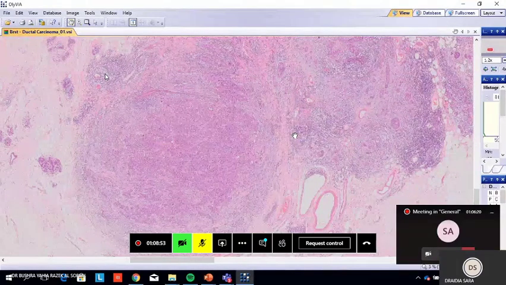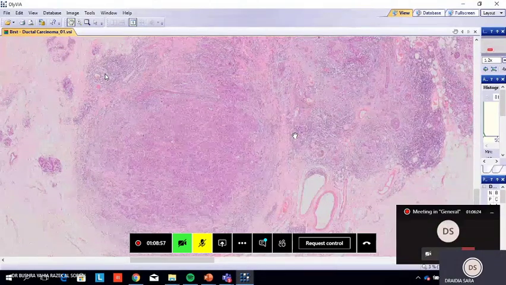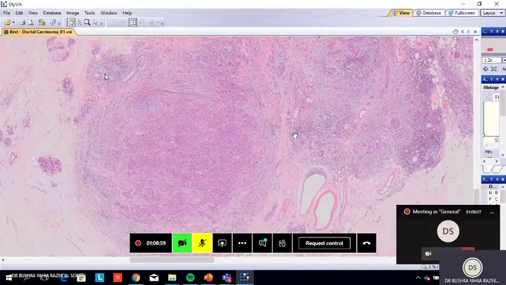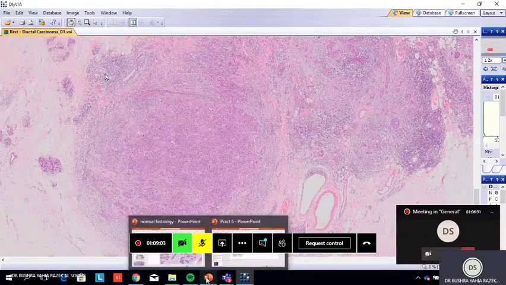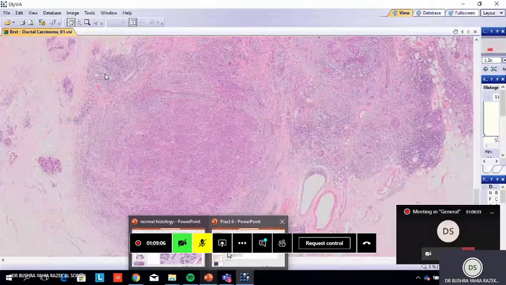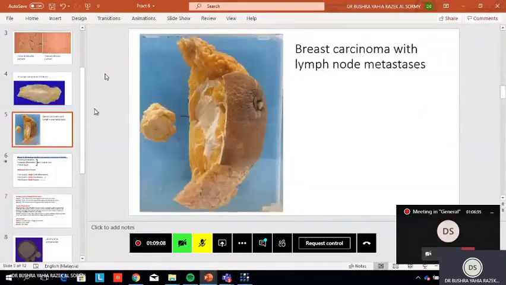Infiltration into the lymph nodes. Metastasis, because in this case we have metastasis to the lymph node. Can you see this? This is the axillary lymph node. It has already metastasized.